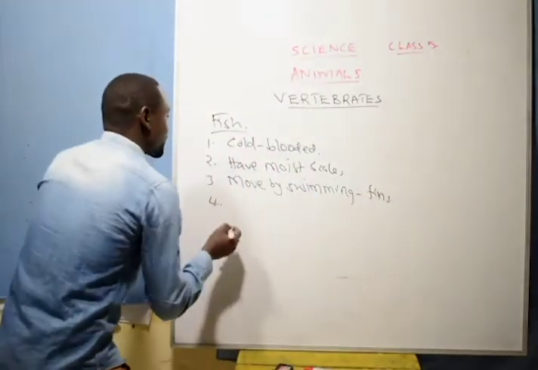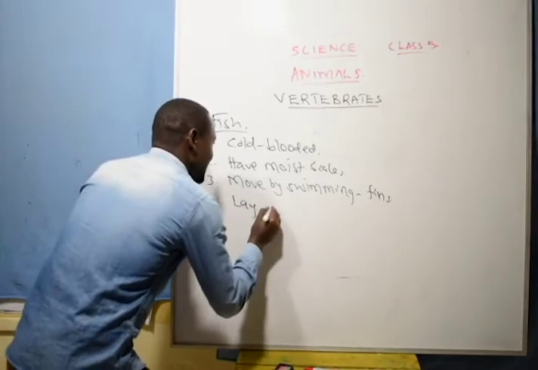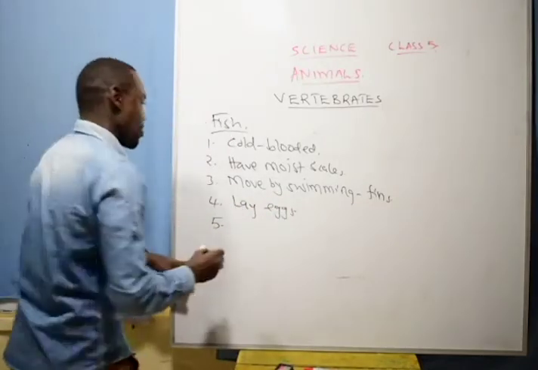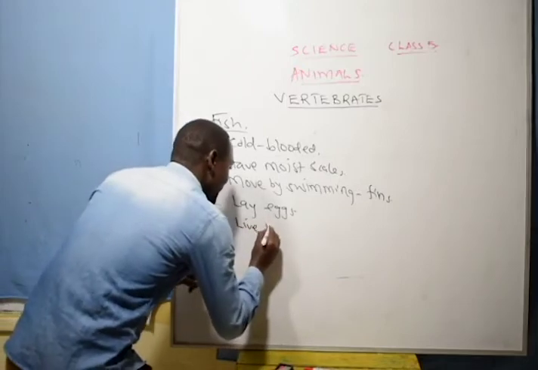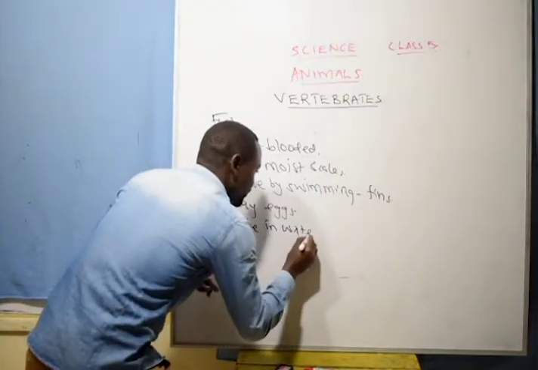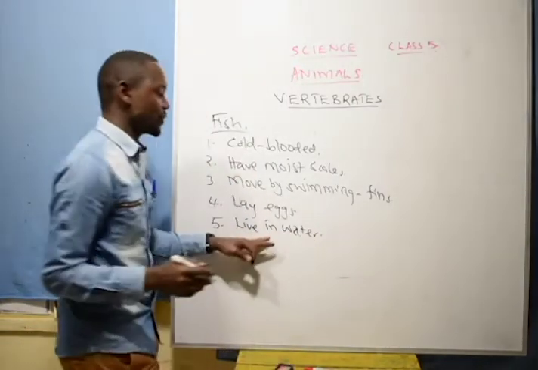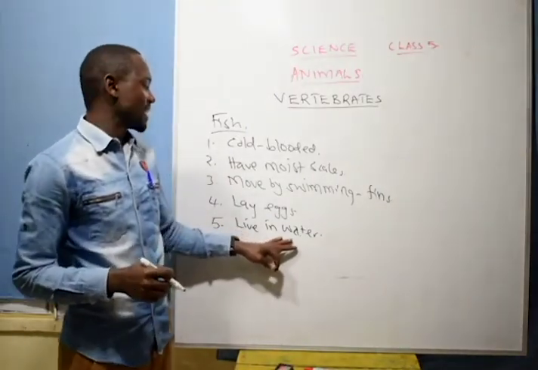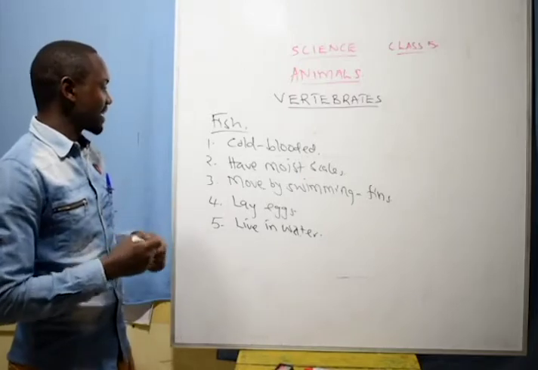Another characteristic of fish is that they lay eggs. Do fish live on dry land? No, fish live in water. They lay eggs which are fertilized externally, so they have external fertilization. So those are the characteristics of fish.